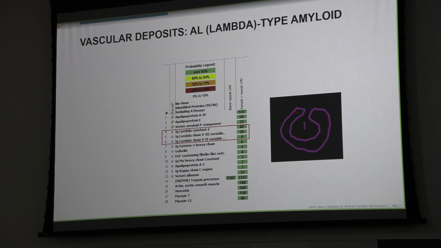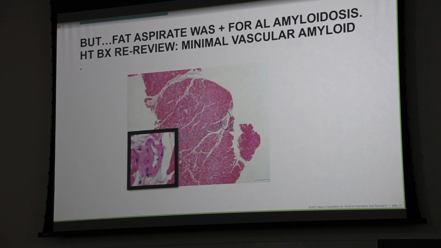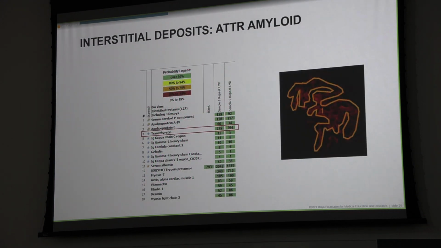So this patient, you probably can't see this very well because the numbers are so small, but there was not a speck of TTR in those vessels. And similarly, there was basically not a speck of AL in the interstitial areas. So they were 2 entirely different amyloid types, in 2 different anatomic compartments in the same heart.